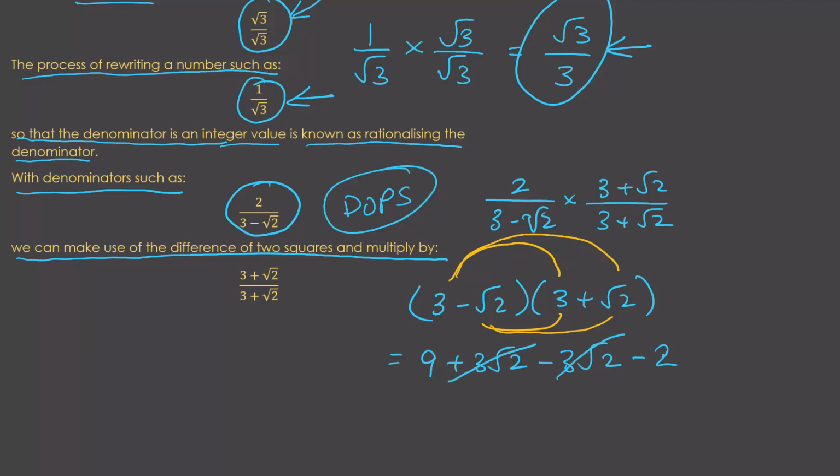And those terms cancel out, and we end up with 7. So we can do it without expanding because we'll just use the dots pattern, but that's why it works.